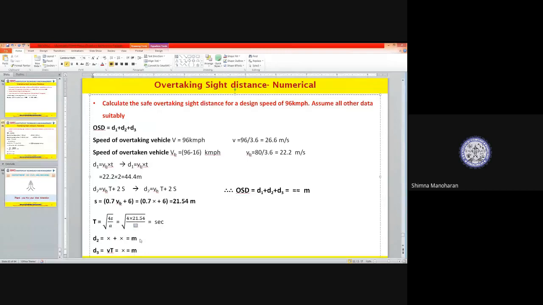I think I have shown the table for acceleration. I think I will share the table. There's a standard table from IRC.